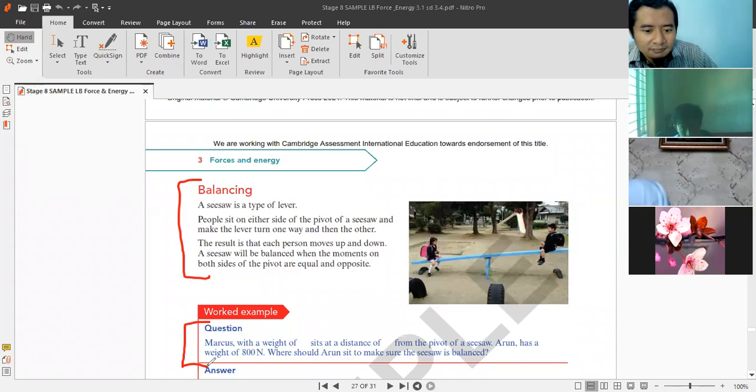Where should Aaron sit to make sure the seesaw is balanced? Ya, ini untuk menyeimbangkan ya.